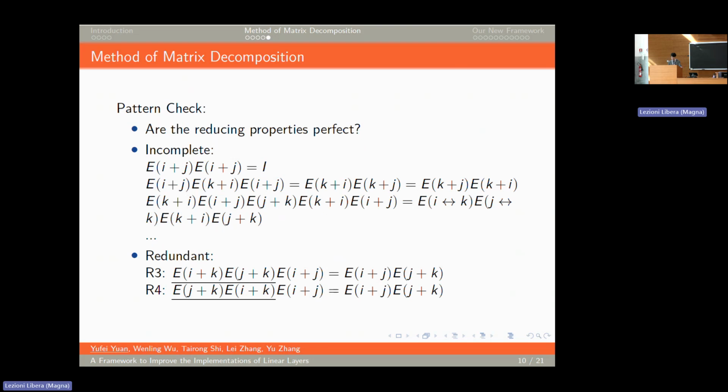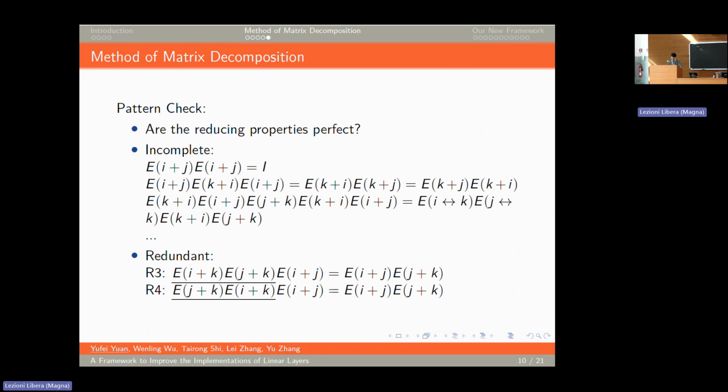And another key question is, are the reducing properties perfect? For example, if we add one row into another twice, the operations will cancel out. In other words, we have the extra property that E_{i+j} times E_{i+j} equals the identity matrix.